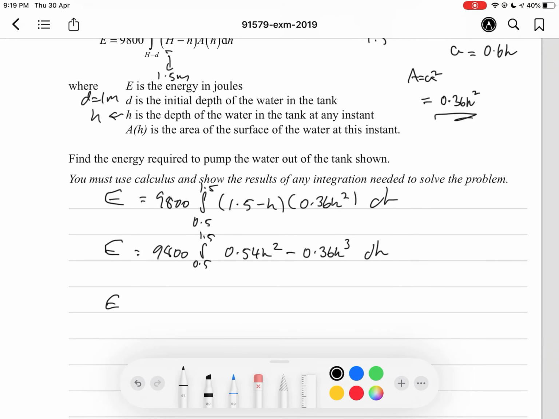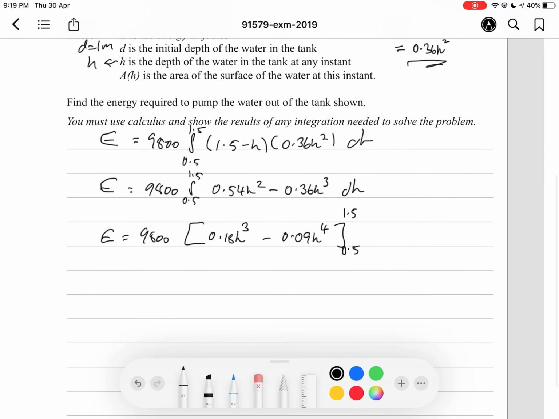So we add 1 to the power and we divide by the new power. So 9,800, 1.5, 0.5. So 0.54 divided by 3, that's 0.18 H cubed, minus 0.36 divided by 4, that's 0.09 H to the power 4. Sorry, we don't need this integral sign anymore. And that is between 1.5 and 0.5.